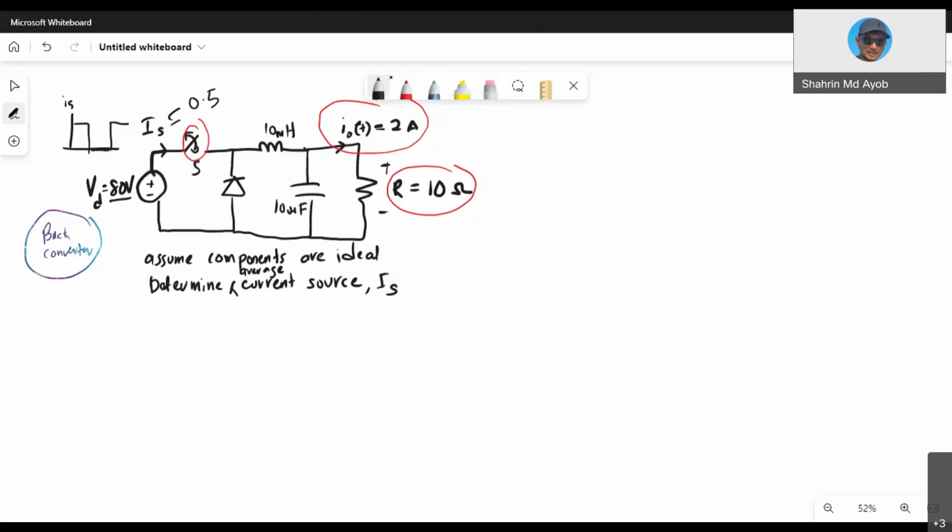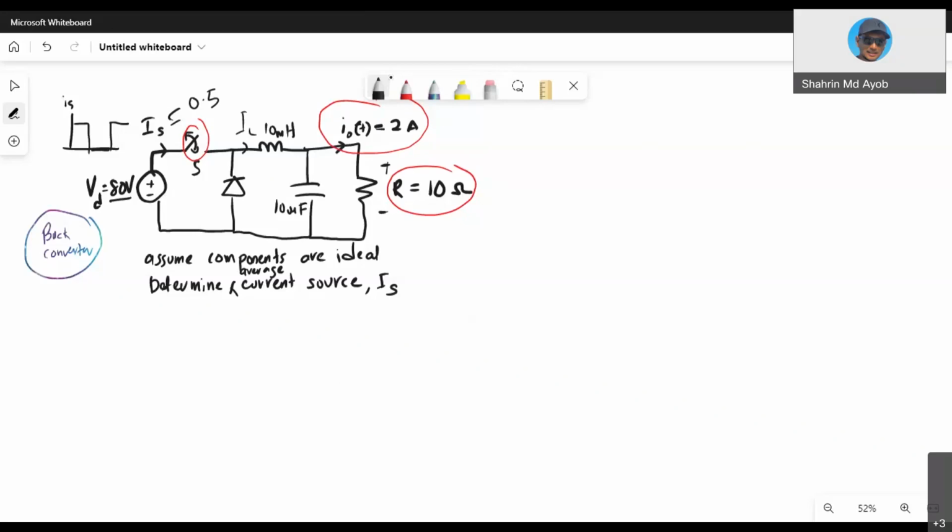Okay, so right now this is your IL, right? And this is your IS. What is the relationship between IS and IL?